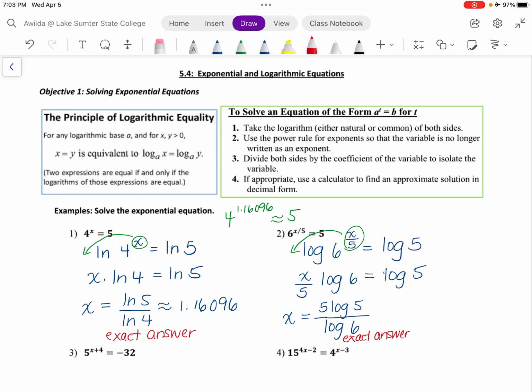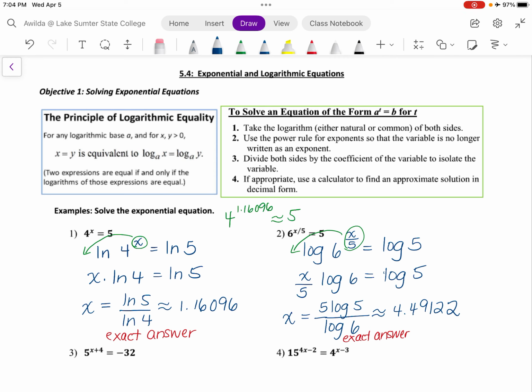So any of you who are asked for exact answers in the future, this is what they're asking for. However, if I want to approximate this answer, I get approximately 4.49122.